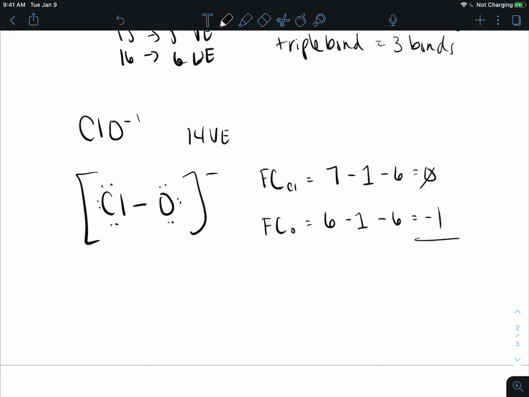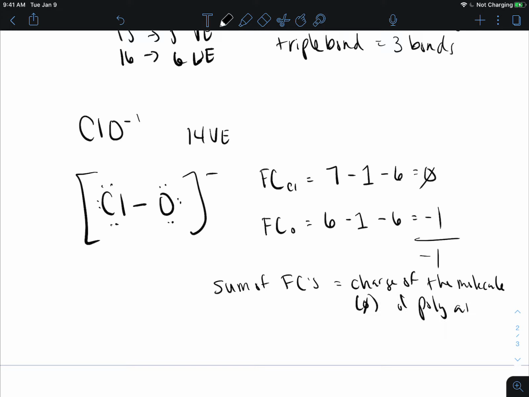As you notice, hopefully, when we sum together our formal charges, we get a -1, and the sum of the formal charges will equal the charge of the molecule, which would be 0, or polyatomic ion, which in this case is -1.